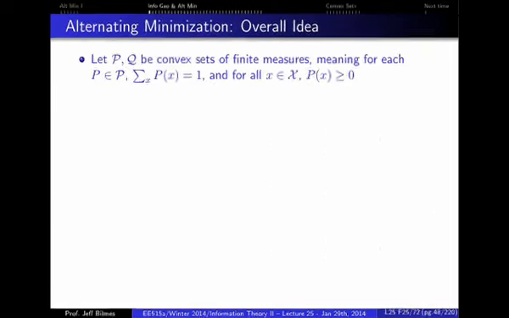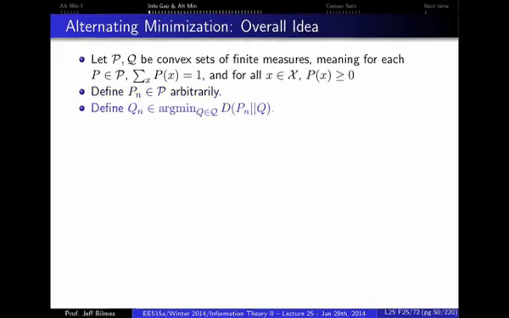Okay, so let's do this overall idea. We've got these convex sets for right now, and let's say we've got finite measures, which basically means we have a set of measures. For every member of P and every member of Q, it sums to 1 and is non-negative. That's the thing that we're optimizing over. Then we define P of n, which is a starting point, for any n.